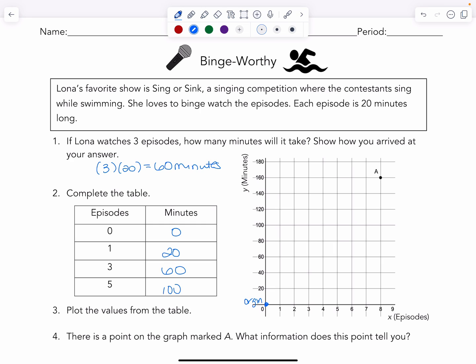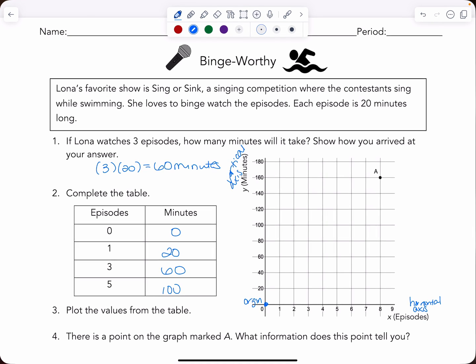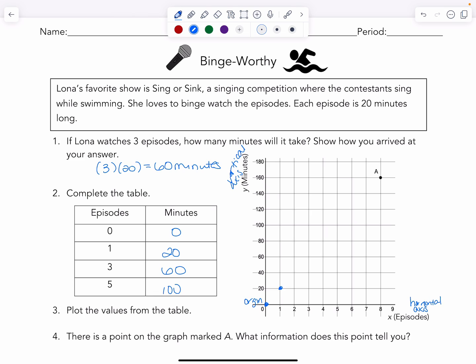And then we have your vertical axis, and then we have your horizontal axis. And then I was plotting 1 and 20, and I was plotting 3 and 60, and then 5 and 100. And then I'm going to connect this with a hopefully semi-straight line.